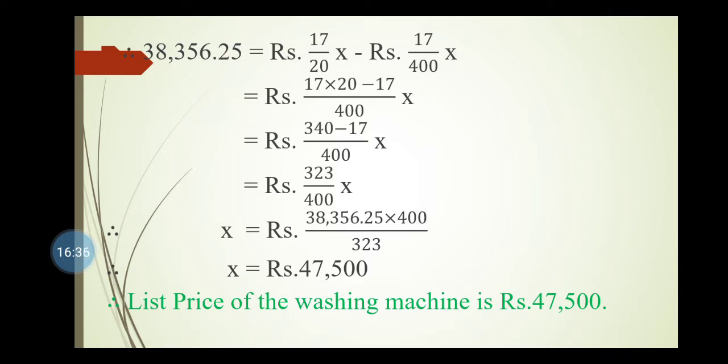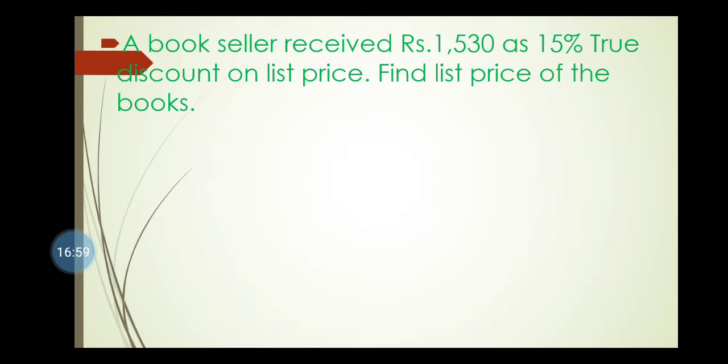Means the actual price of the washing machine is 47,500, but after deducting all the discounts, we have to pay 38,356.25, which is the net price. Is it clear? Now we will solve another question.